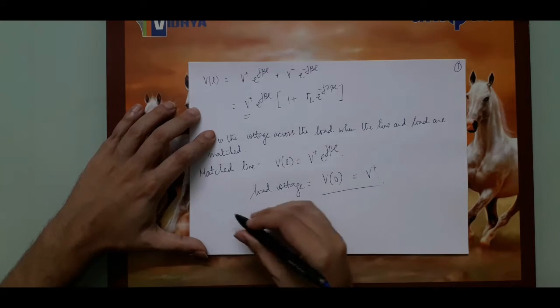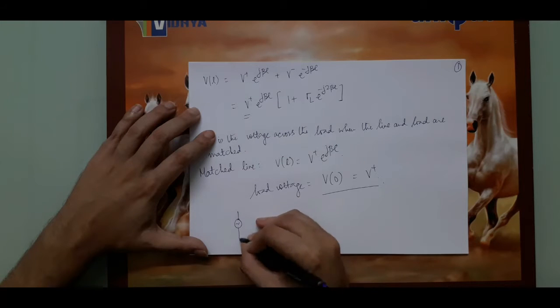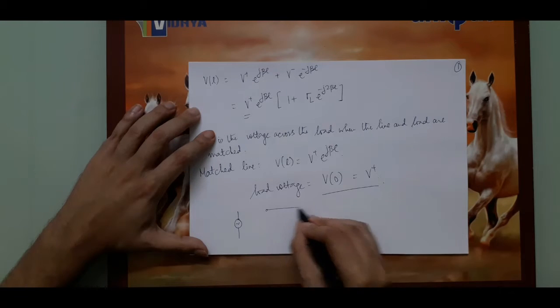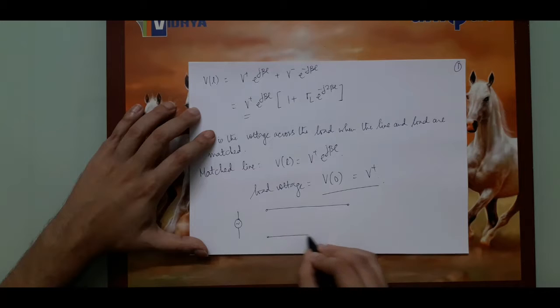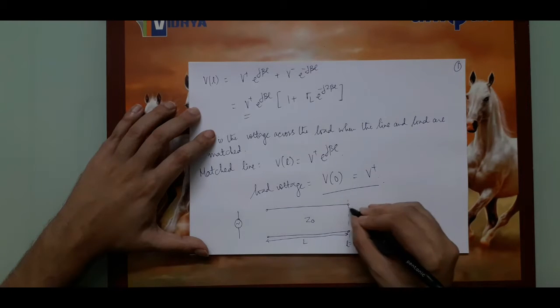So let us consider a very practical arrangement. This is my source. This is the transmission line having characteristic impedance Z0. Let us say its length is capital L and small l is equal to 0 at the load end.